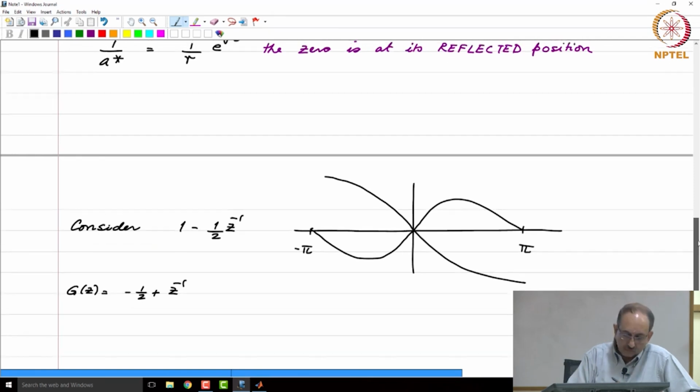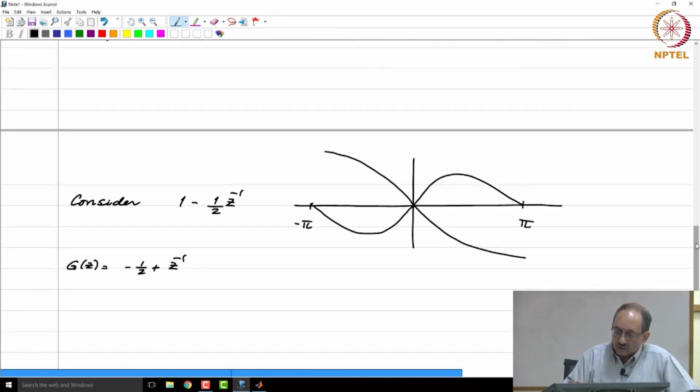All right. And one way for getting a feel for this is, remember, omega equal to 0 corresponds to z equal to 1. Therefore, if you put z equal to 1, g of z turns out to be half, and the phase angle of the quantity half is 0. Therefore, the phase response is 0 here.